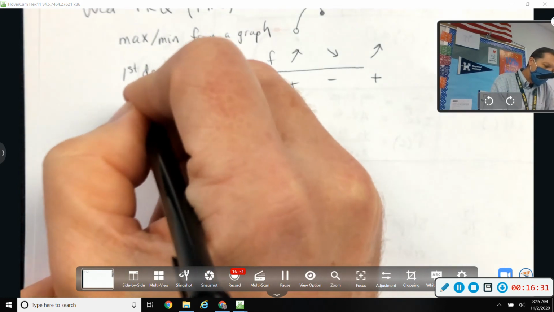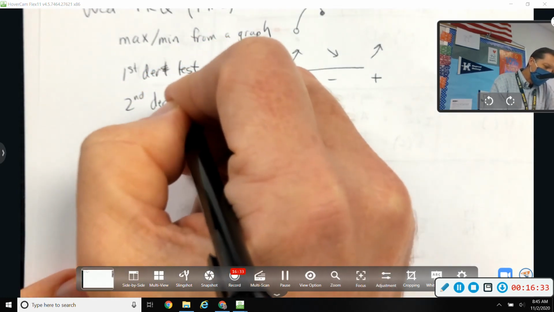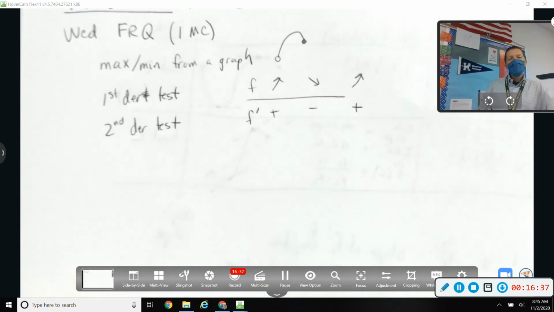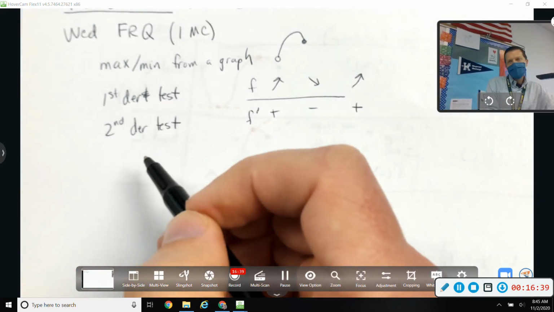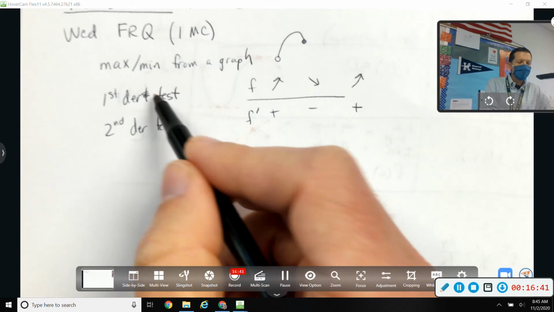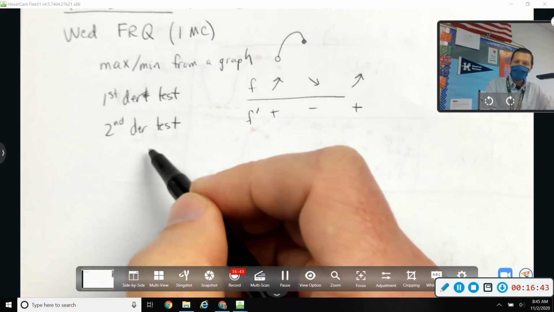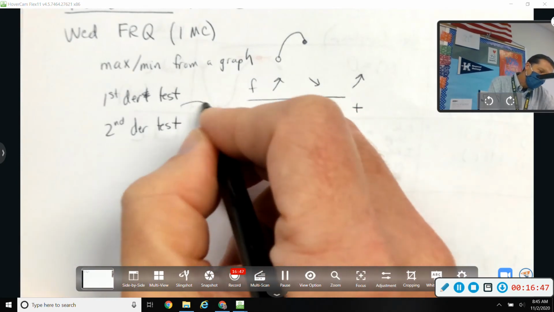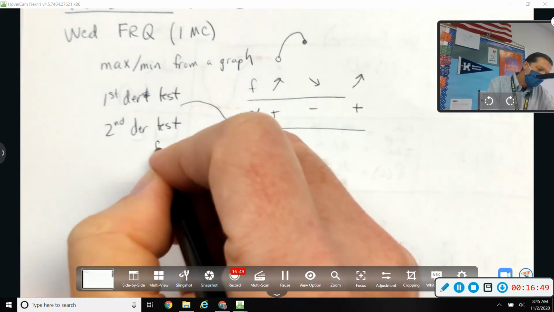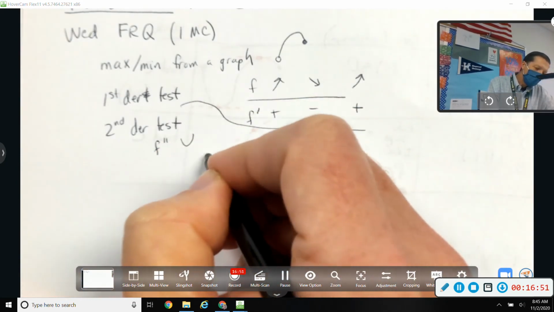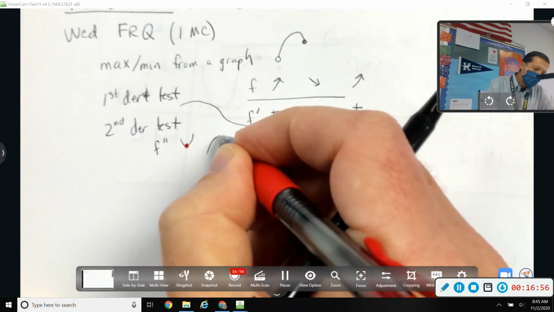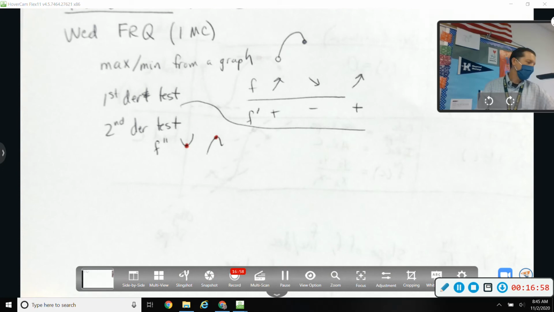We'll also ask you to use the second derivative test to find a max and a min. So you have to be careful on those two. I guess I'd give you some points if you got the answer using the wrong test, but I'll be looking to see, did you use the right test? Oops. Second derivative would be the concave up, concave down. That tells me if I've got a min or a max, that kind of thing.